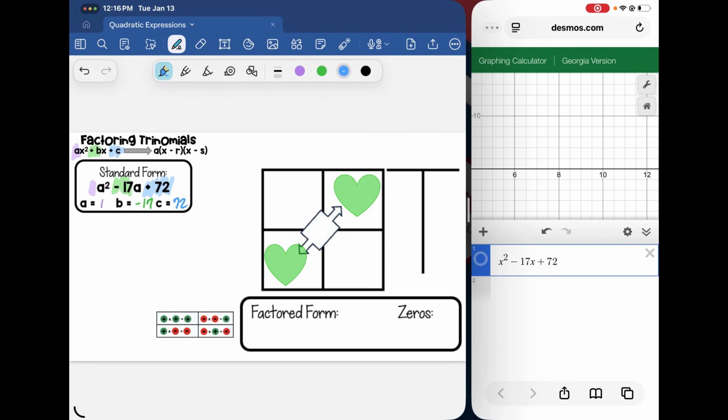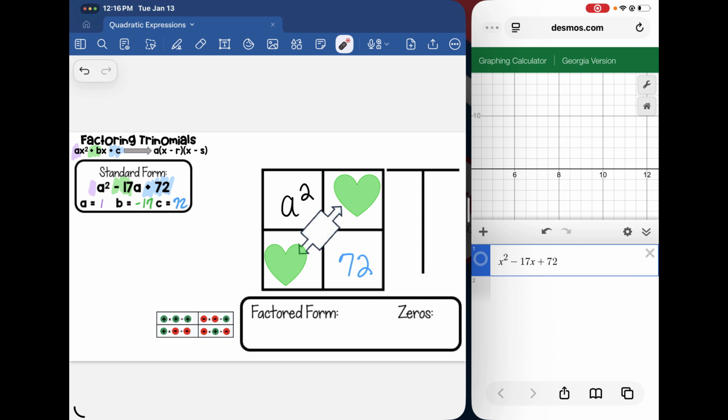All right, we're going to start filling in our boxes. What should go in the upper corner? a squared. What should go in the bottom corner? 72. And what should go in these boxes right here that are like terms? Got to rewrite my b term. So what should we do first?